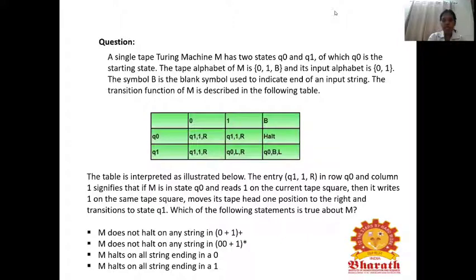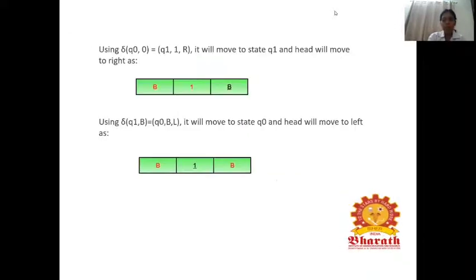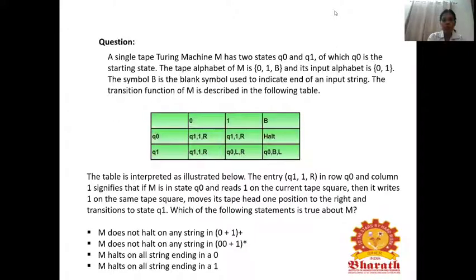So we'll check option 3, that is, M halts on all strings ending in a 0. If you see here, M 0, 1, 1. Here also for 0, the head doesn't halt. So option 3 is false. What does option 2 say? M does not halt on any string. In the set of all strings, it says M does not halt.